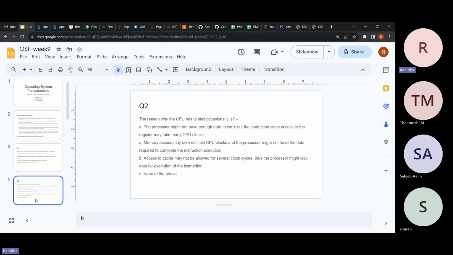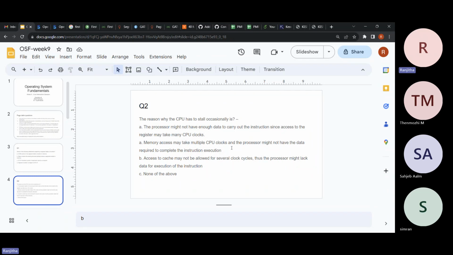The second question: the reason why the CPU has to stall occasionally is, A, the processor might not have enough data to carry out the instruction, since access to the register may take many CPU clock cycles, memory access may take multiple CPU clocks, and the processor might not have the data required to complete the instruction execution.